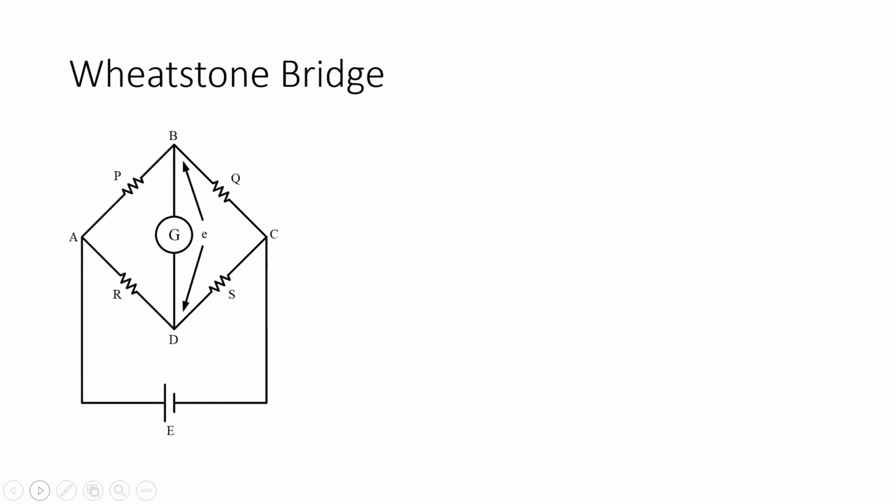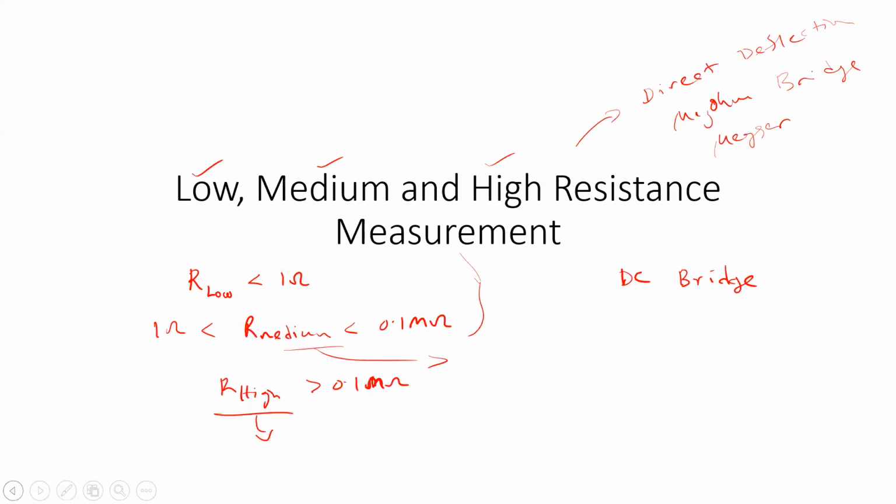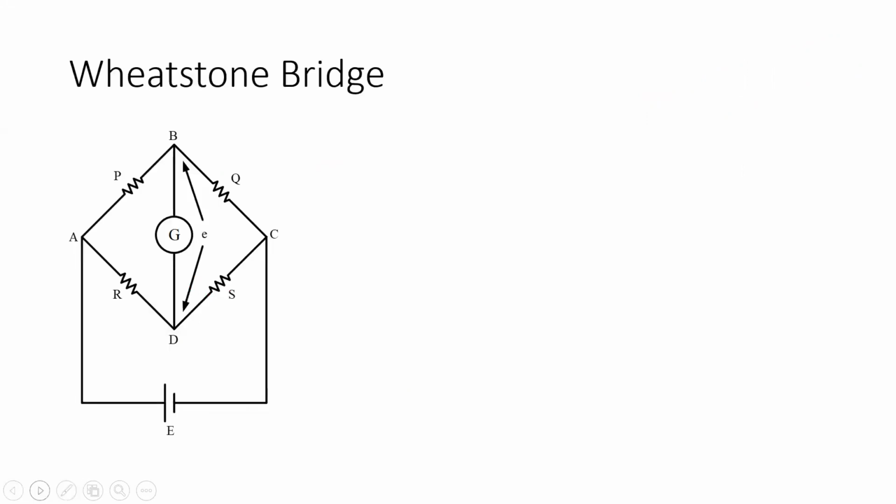Now, Sir, is this classification of resistance based on DC resistance or AC resistance? It's based on DC resistance. So we have a different classification for AC resistance? Are there separate DC and AC resistances? Sir, as far as I know, in the AC transmission line, the AC resistance is not the same as the DC resistance.